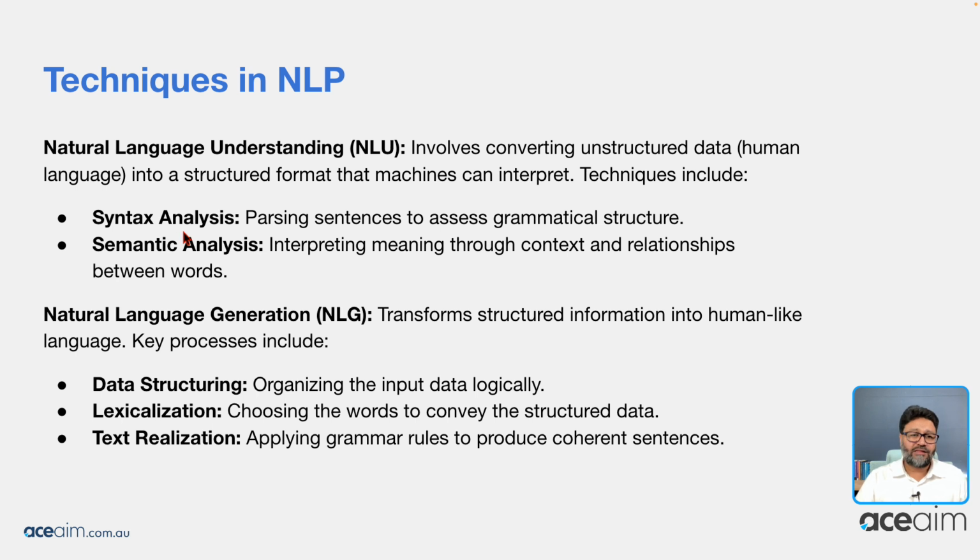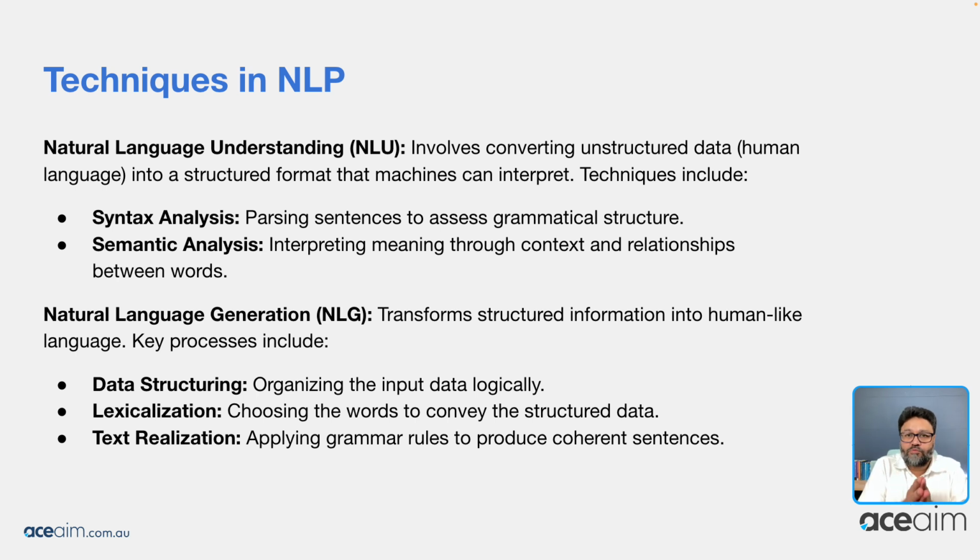There are various techniques in that area, but two examples are syntax analysis and semantic analysis. Syntax analysis is the technique where the algorithm parses the sentence and assesses the grammatical structure. Semantic analysis interprets the meaning from the context and the relationship between the words.